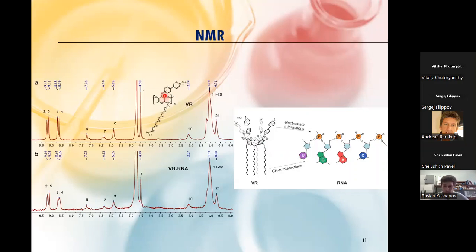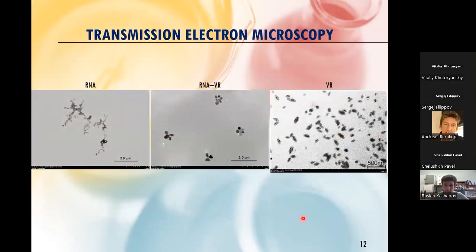The upfield shift of protons of the terminal methyl groups and proton broadening of the dodecyl chain in the presence of NEA indicates the participation of microcycle alkyl chains in interaction with NEA, leading to joint aggregation. The formation of joint aggregates based on calixarene and NEA was confirmed by transmission electron microscopy.